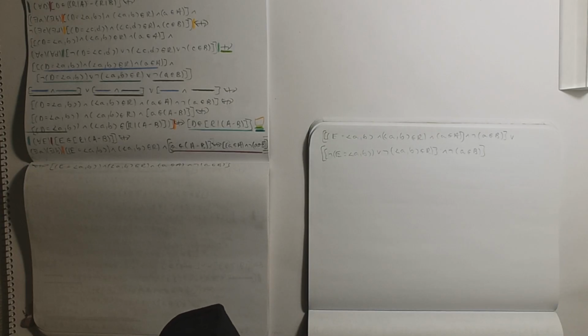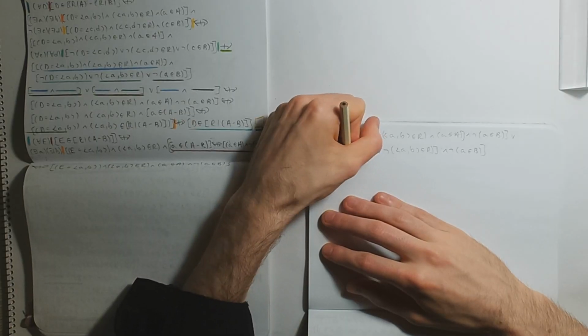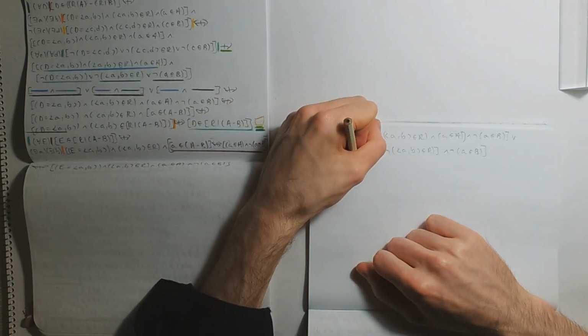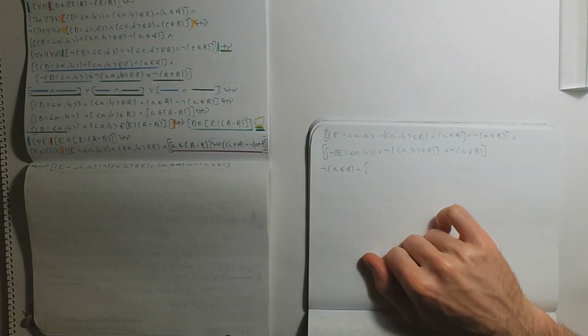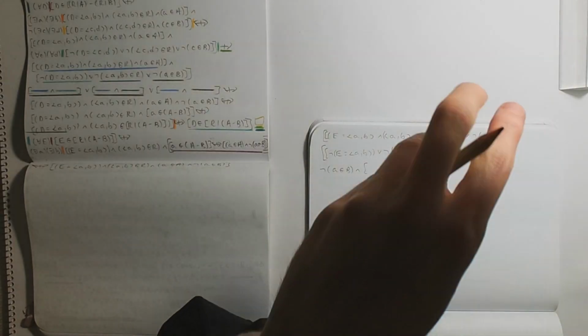So we would have not A as an element of B, and then these two terms ORed together. And what do you suppose we get out of that? No, yeah, it's not useful.